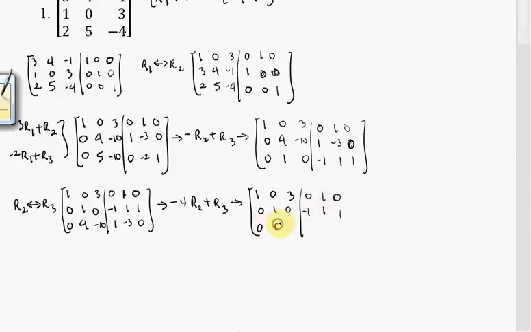Zero, 0, that stays negative 10. But 4 plus 1 is 5. Negative 4 minus 3, negative 7, and then just negative 4.